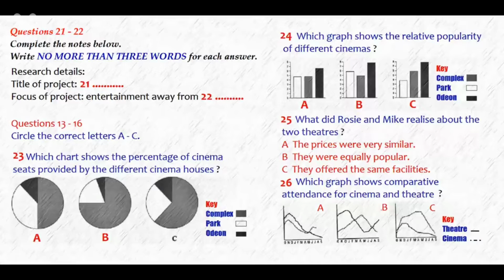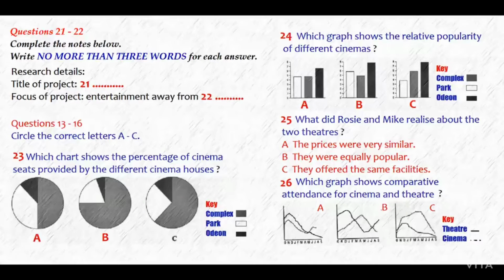You will hear a discussion between two students, Rosie and Mike, and a university tutor. In the first part of the discussion, they're talking about a survey they have conducted on local entertainment. First, look at questions 21 to 26. Now listen to the first part of the discussion and answer questions 21 to 26.